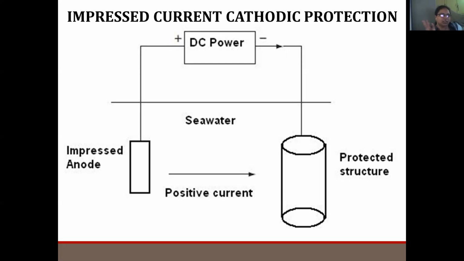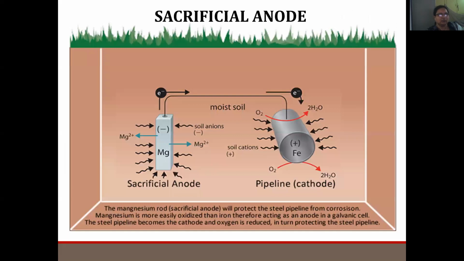In sacrificial anodic protection, the base metal is connected to a more active metal, where the more active metal undergoes corrosion. In impressed current cathodic protection, the base metal is connected to a direct current power supply, where the metal behaves like a cathode and thus gets protected. These two are very, very important.